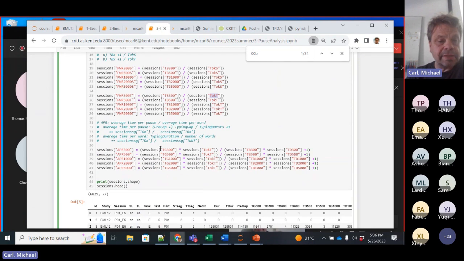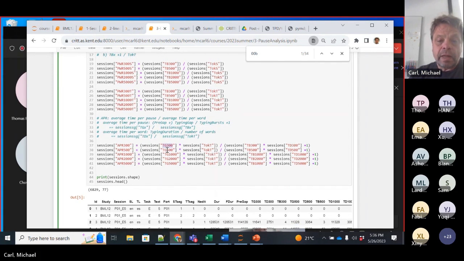Okay, so the last thing here is the average time per pause divided by average time per word. So this is the total pause, and the average pause would be the total pause divided by the number of bursts, right?